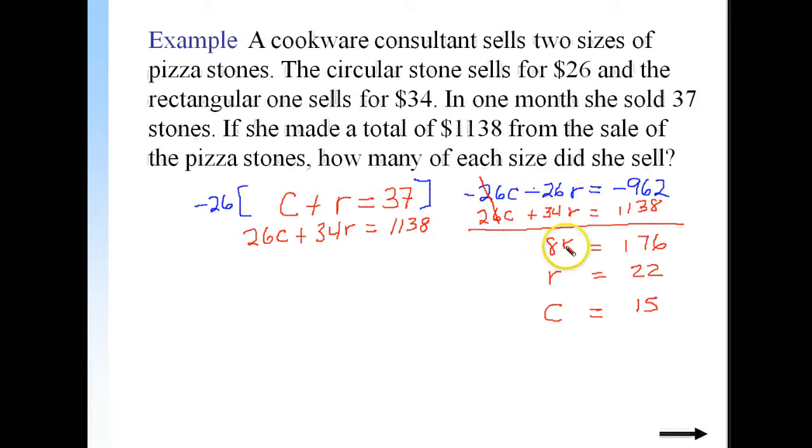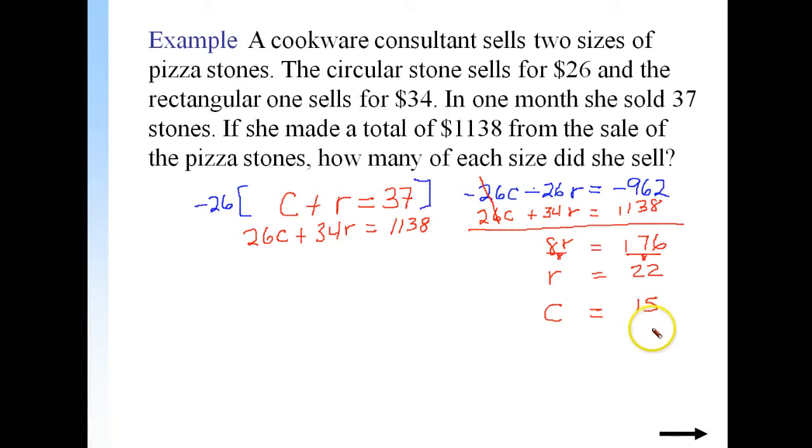This one I get an 8r, and this I get a 176. Divide both sides by 8. I get r is 22. Well, if r is 22, what will c be? Well, I just subtract 22 from 37 and I get 15.